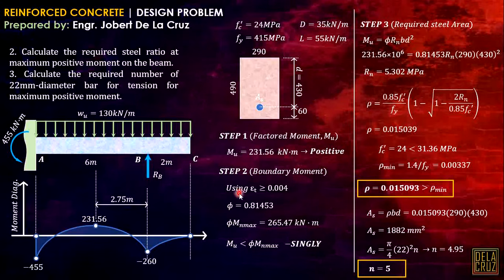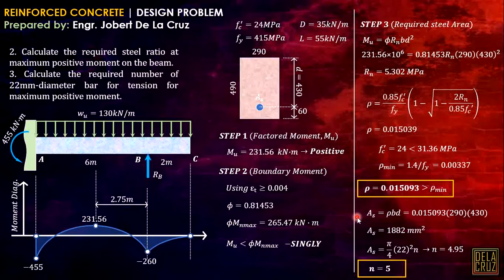Okay, so this is just one common boundary. Didn't I say, we can use any boundary that is 0.004 and up. Our epsilon t just cannot go below 0.004. That is all the code says. It doesn't say that we are limited to 0.004.